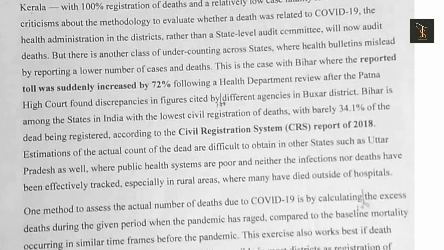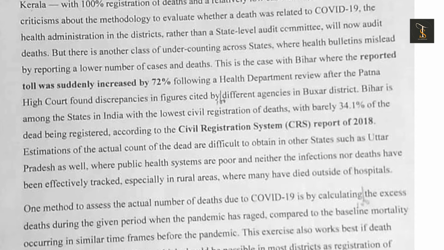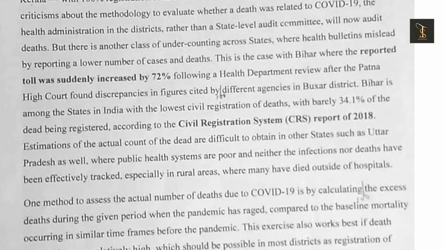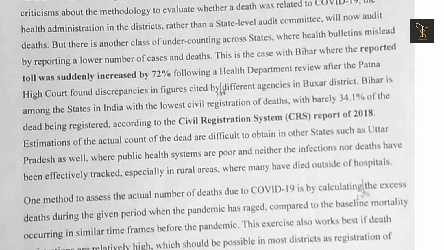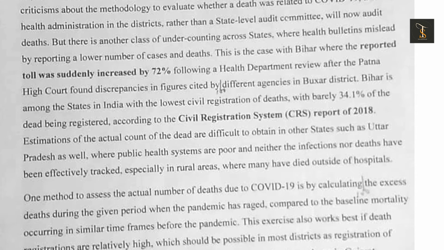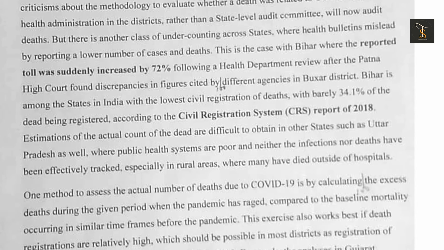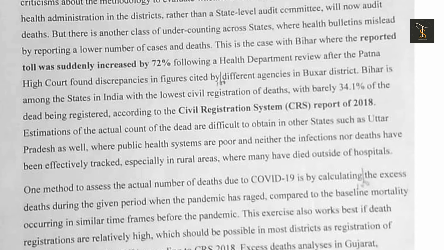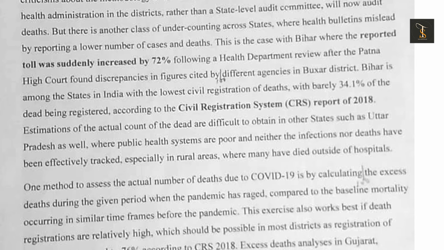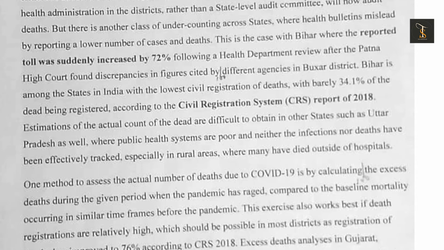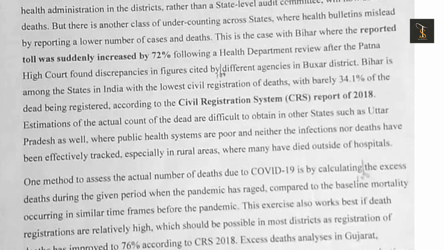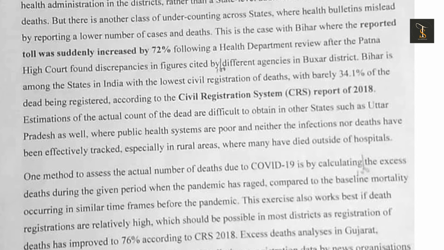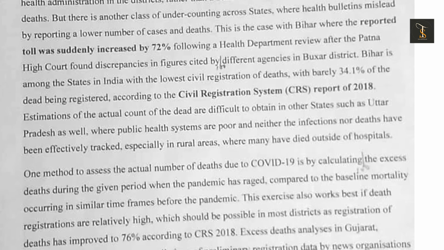This is the case with Bihar, where the reported toll was suddenly increased by 72% following a health department review after the Patna High Court found discrepancies in figures cited by different agencies in Buxar district. Bihar is among the states in India with the lowest civil registration of deaths, with barely 34.1% of the dead being registered.